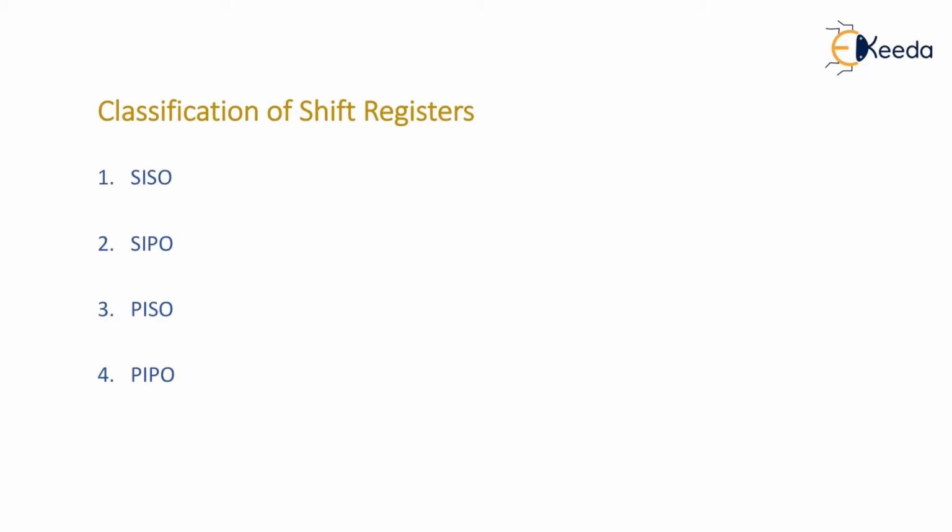As you can see on the screen, these are the classifications of shift register. The very first classification is serial in, serial out. The next one is serial in, parallel out.